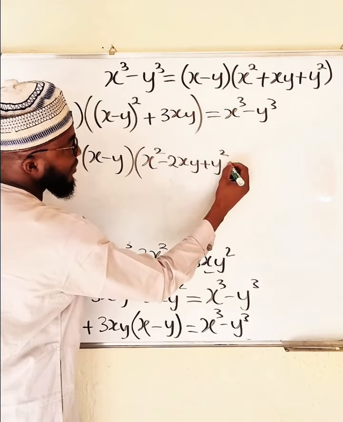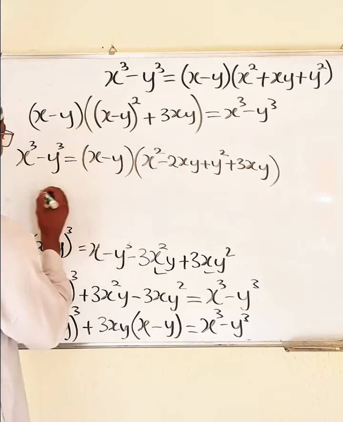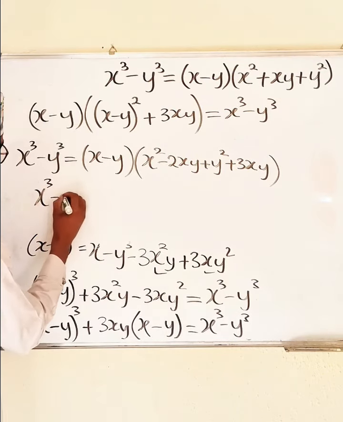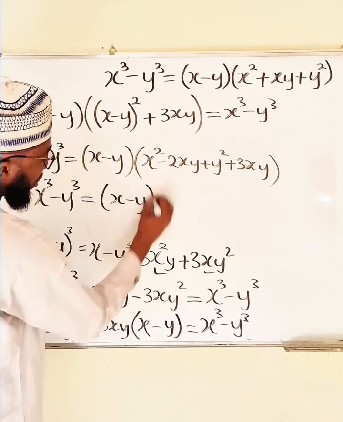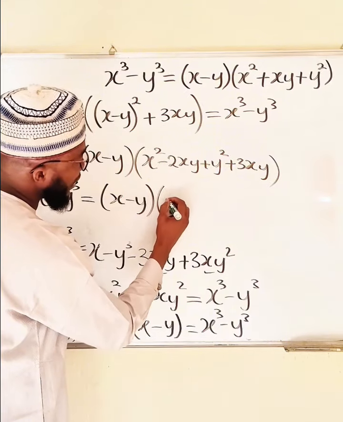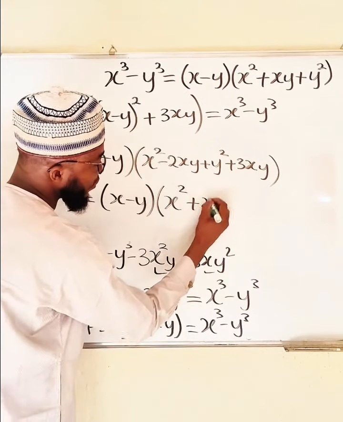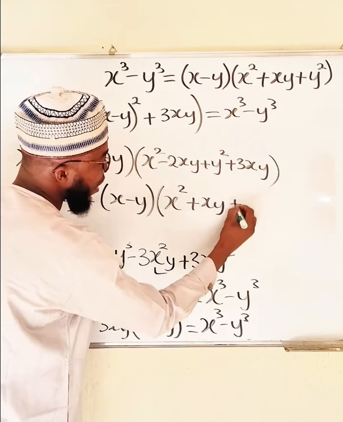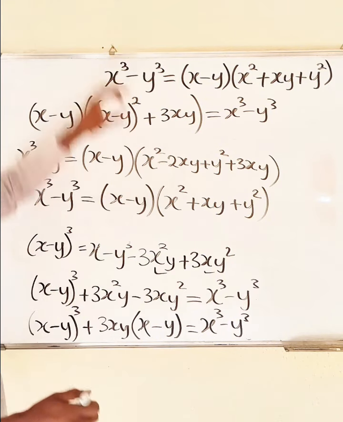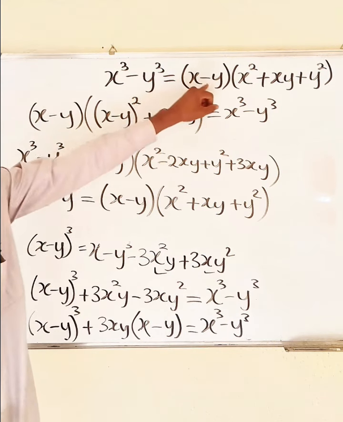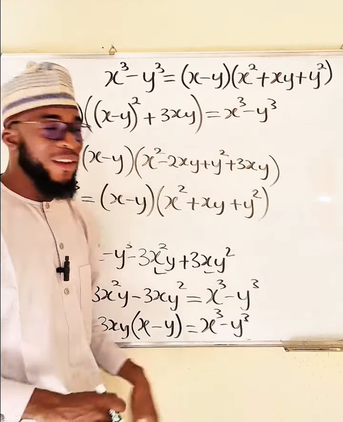But we still have this plus 3xy. So x cubed minus y cubed equals x minus y multiplied by, we have x squared. This and this will give us positive xy. Then we have y squared. And you see that they are exactly as what we have here: x minus y, x squared plus xy plus y squared.